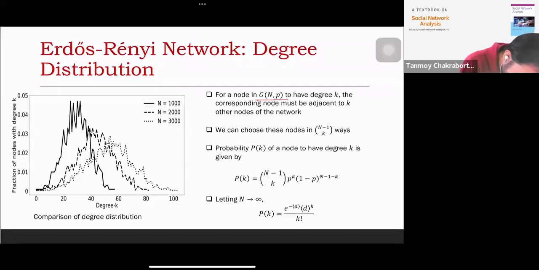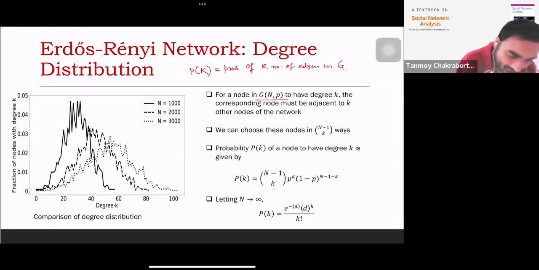So let's assume that P_K, capital K, is the probability of k edges in G. How do we determine this?